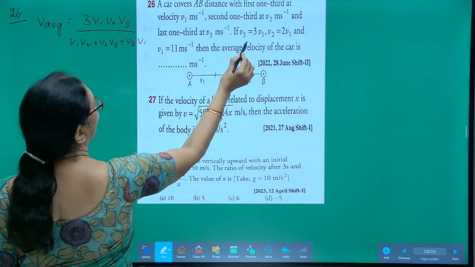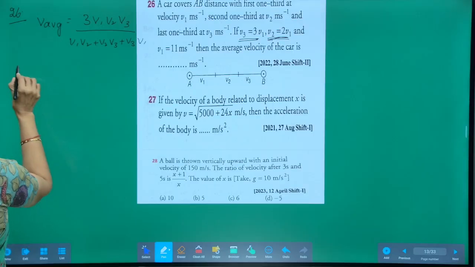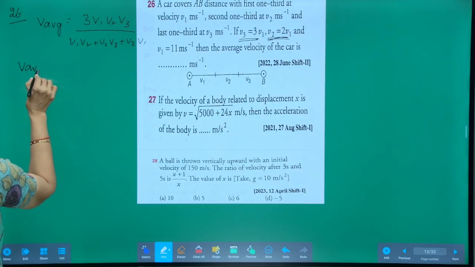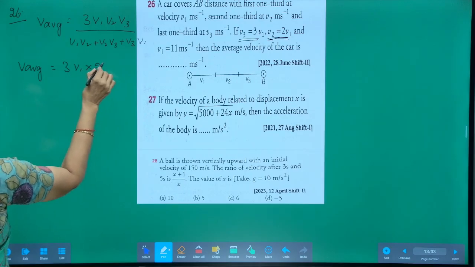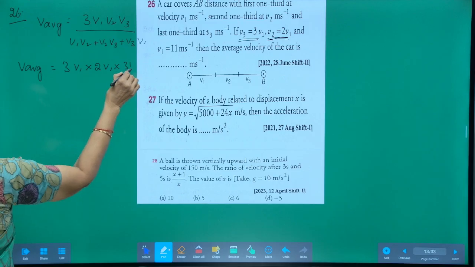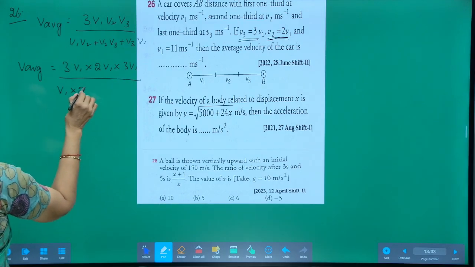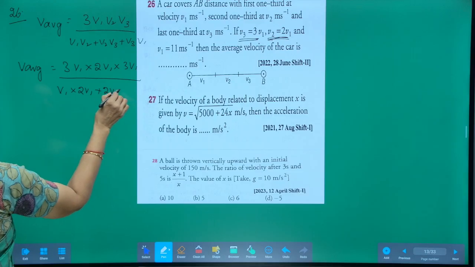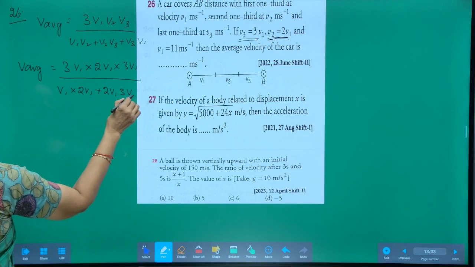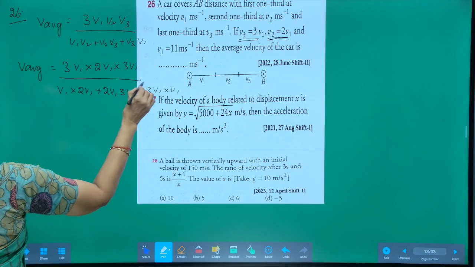Here it is given V3 is 3 V1, V2 is 2 V1. So if you substitute, we get 3 V1 times 2 V1 times 3 V1, divided by V1 times 2 V1 plus 2 V1 times 3 V1 plus 3 V1 into V1.